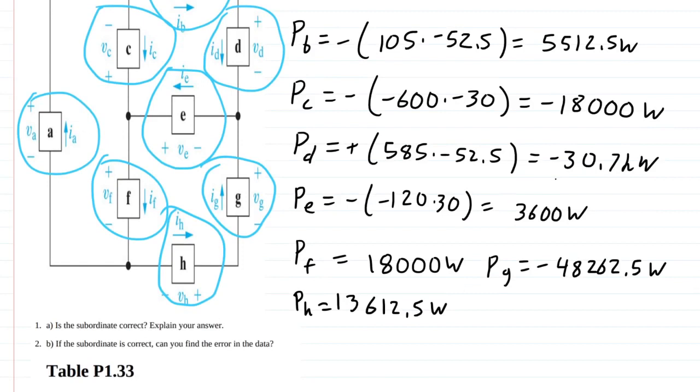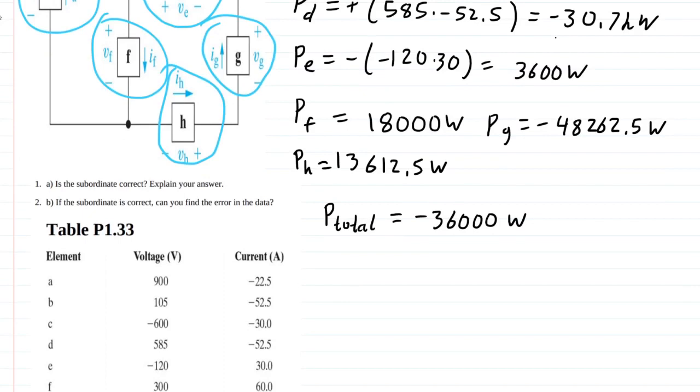Now, if we add all of these up together, we get a total power in the circuit, assuming I didn't make any mistakes, of negative 36,000 watts.